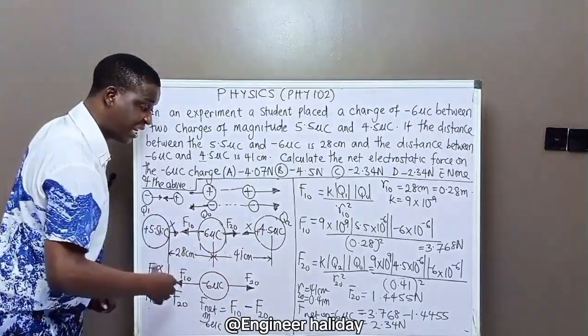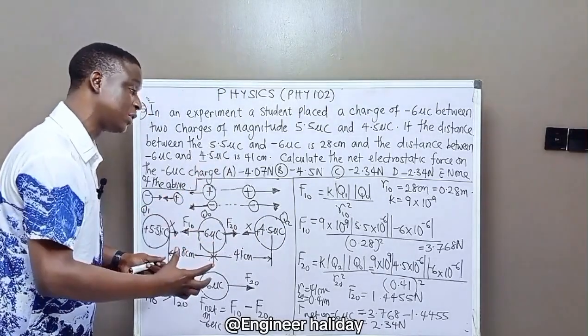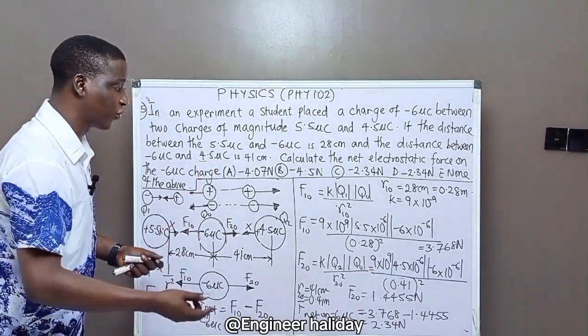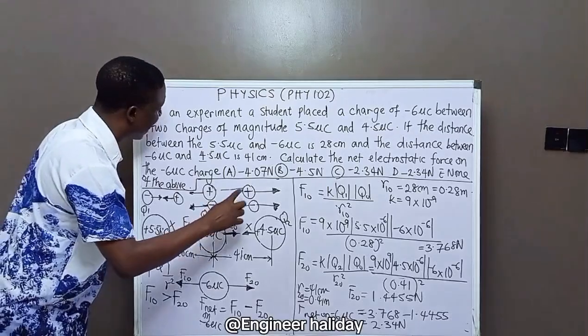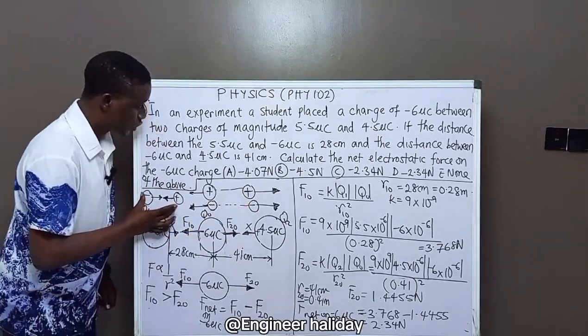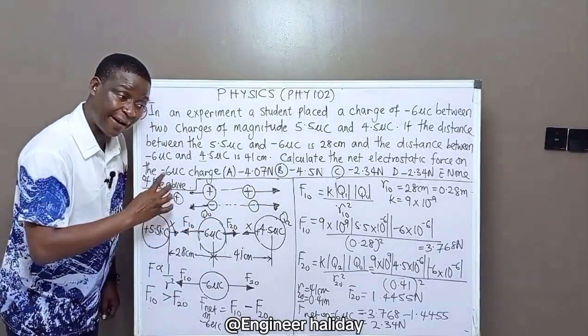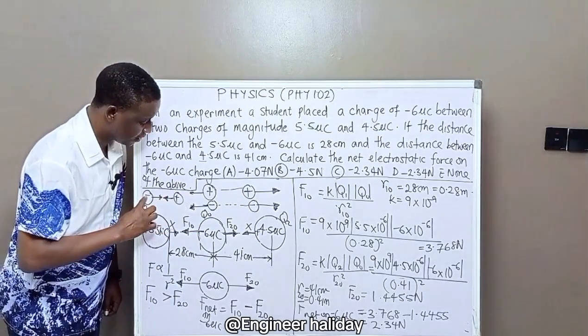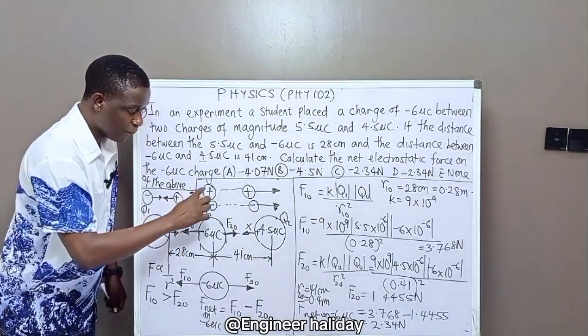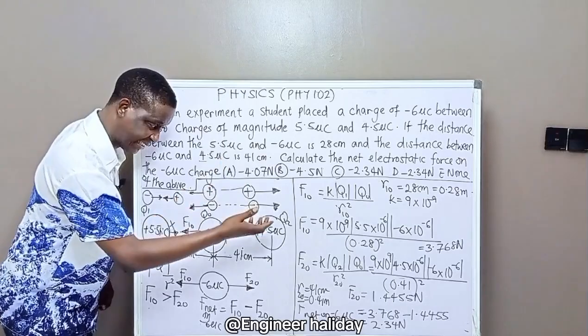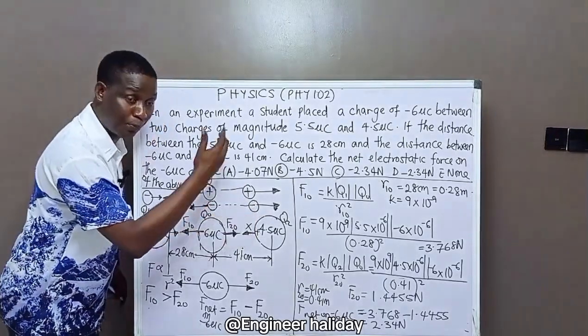Since it's an attractive force that is dominating, why will it be minus? Because attraction always occurs between negative and positive. A negative times positive is negative, but positive times positive will be positive. Negative times negative will be positive.